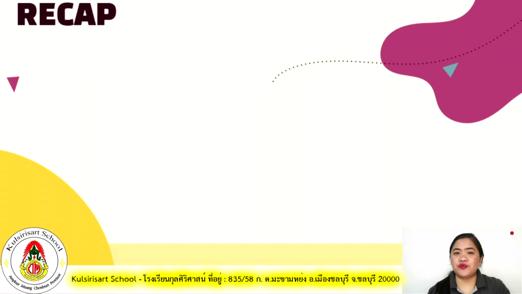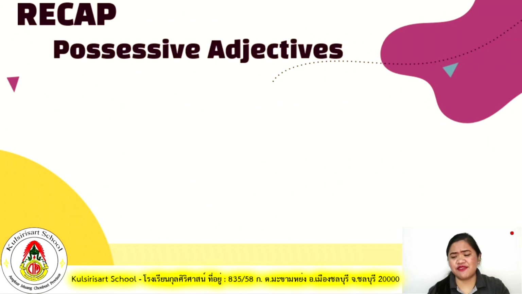Okay, so before we end this class, we will have a recap. We will review what you have learned today. So we'll start with possessive adjectives. When we say possessive adjectives, what is that?